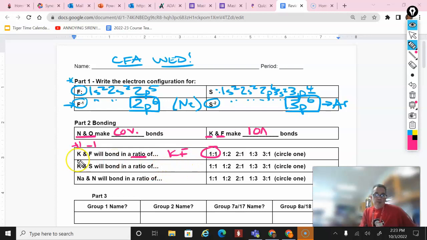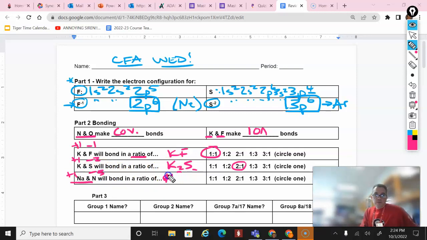K and S, however, K is still +1, S is -2. If we swap those up, we get a 2, and so the ratio is now 2-to-1. Sodium and nitrogen. Again, sodium is also +1. Nitrogen is number 7 in group 15, so it's got a -3.